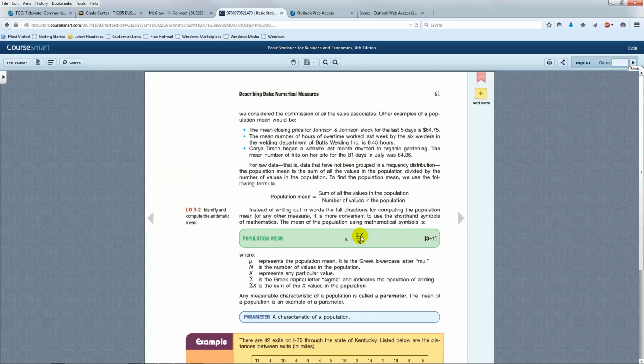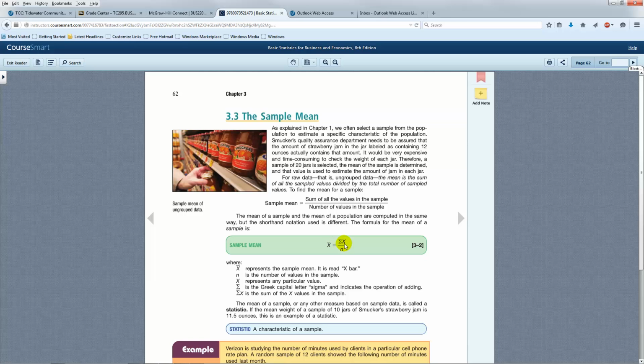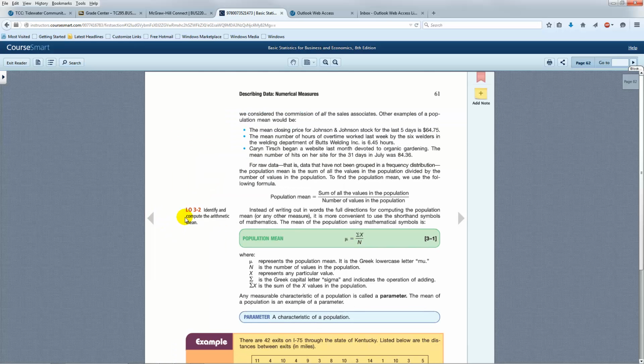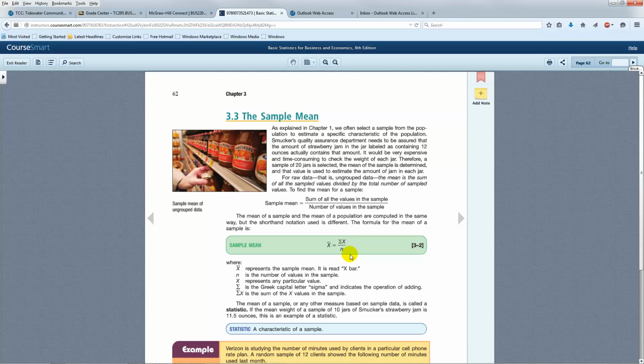We have the sum of all x, and in this formula we have the sum of all x. For the population, we have a capital N, because that is the number of values in the population. And here we have n as the number of values in the sample. So when we're working with means, understand that whether we are calculating the mean for a sample or a population, mechanically it's the same thing, even if the formulas look a little different.